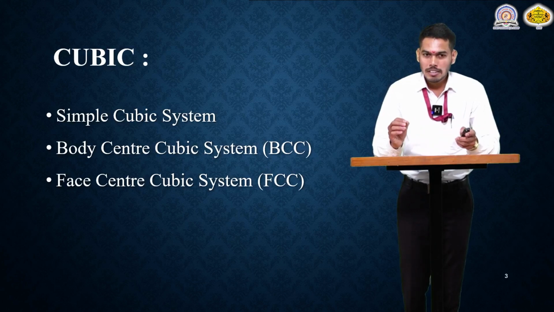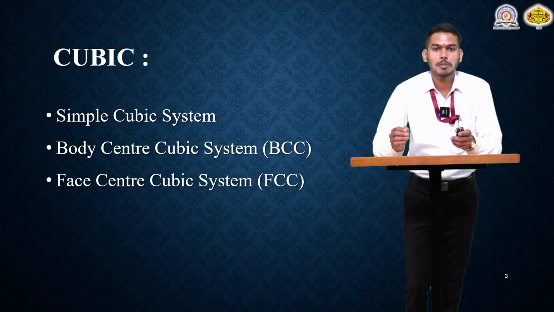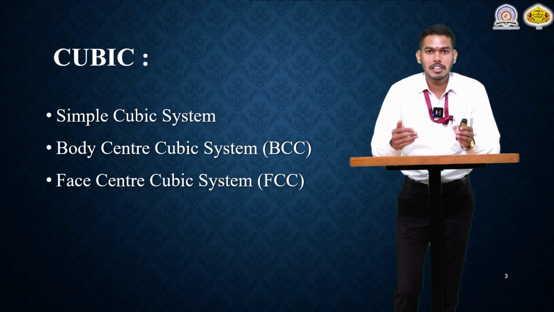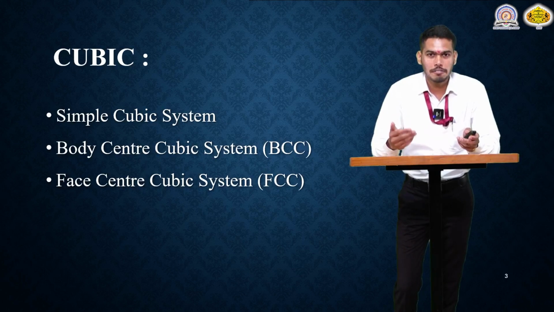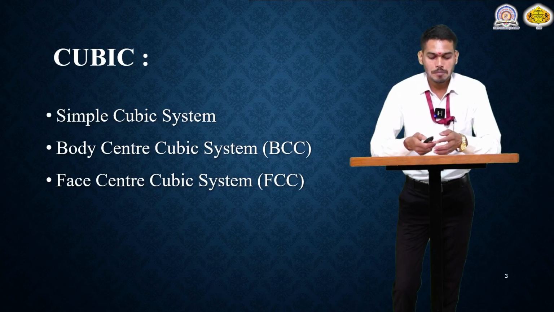For example, the cubic system is classified into three simple systems: first is the simple cubic system, second is the body centered cubic system, abbreviated as BCC. Then we have the face centered cubic system, abbreviated as FCC. Now, we will discuss them briefly.